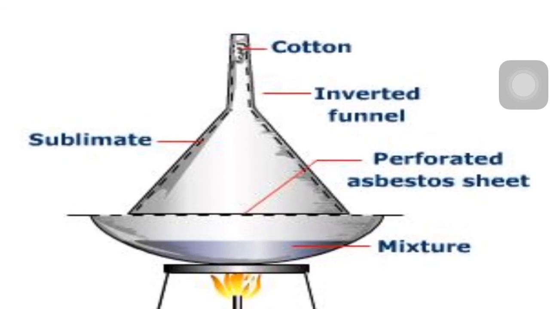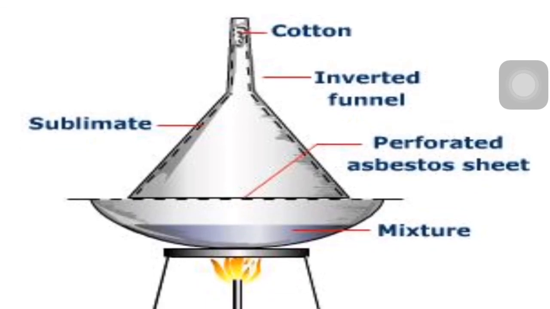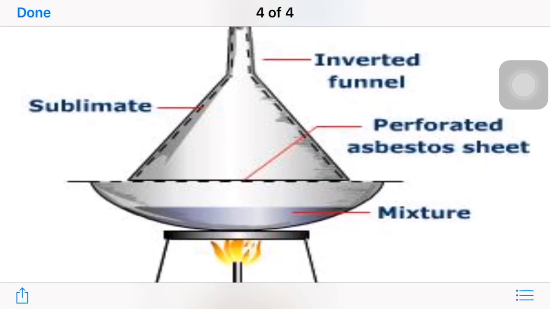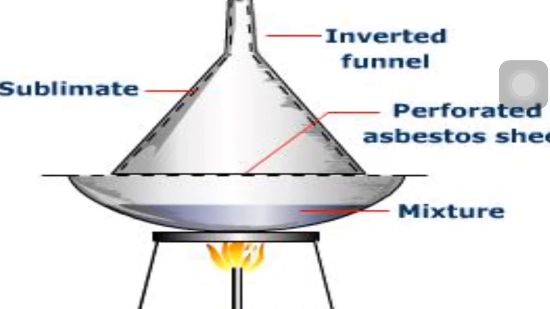We will place cotton on the inverted funnel to prevent the escape of gases, because iodine will be directly converted from solid to gas state. So the iodine passes through the filter paper and sticks to the inverted funnel, and the impurities are left behind in the container.